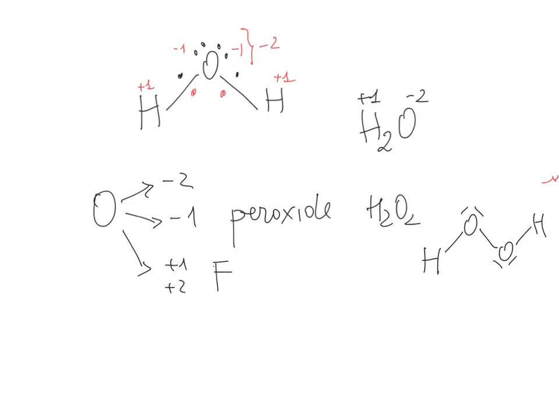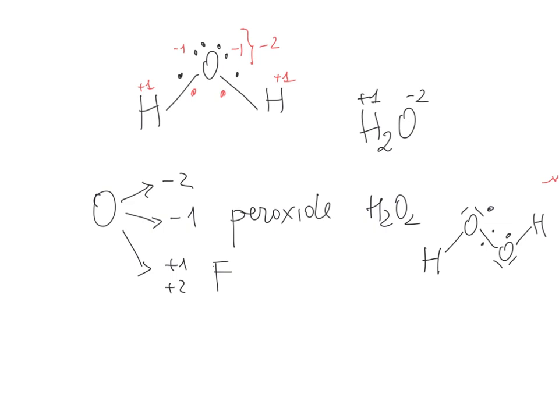This is the Lewis structure of hydrogen peroxide, and as we can see, the oxygens are bonded together. So in this case, the oxidation number is 0, because we cannot attribute the shared electron to either oxygen.